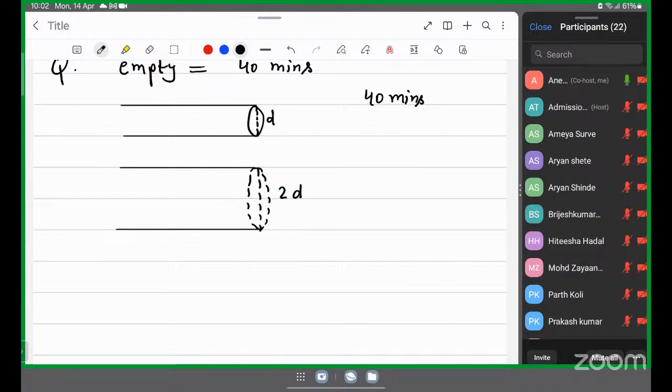So now in this case, first of all, you have to check what is the relation between time and diameter. Now, time is connected with volume.